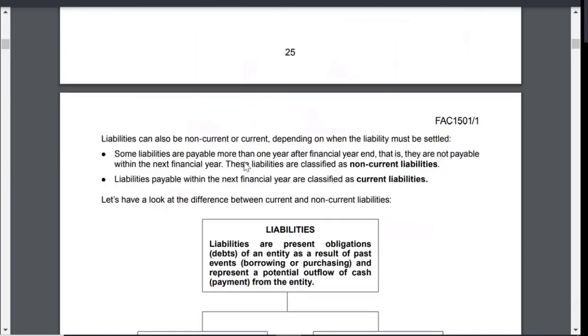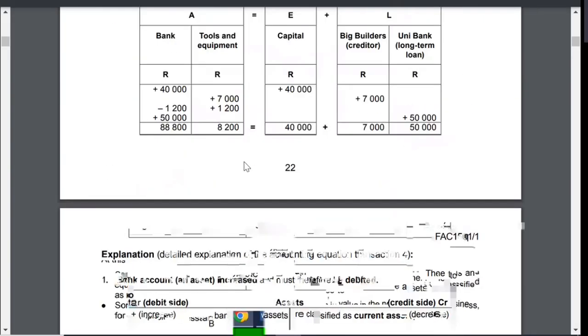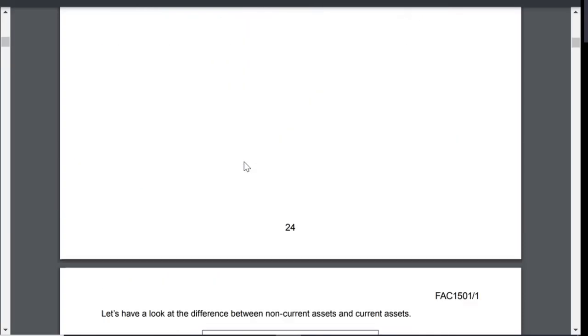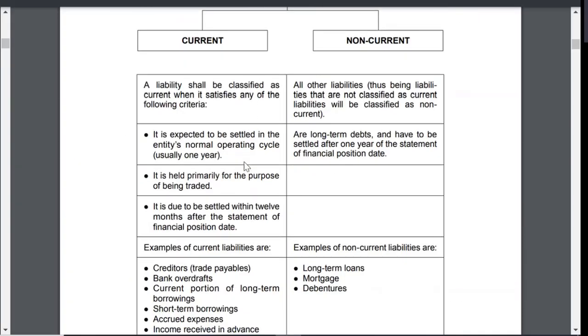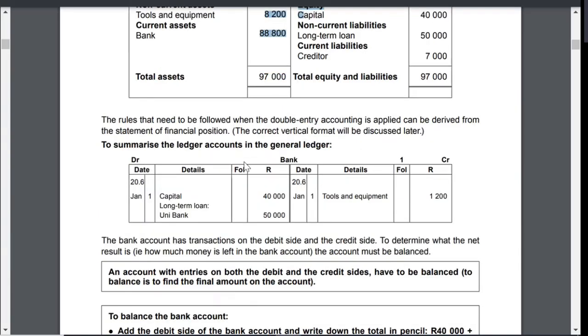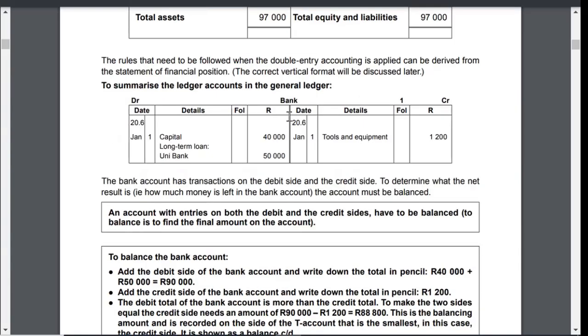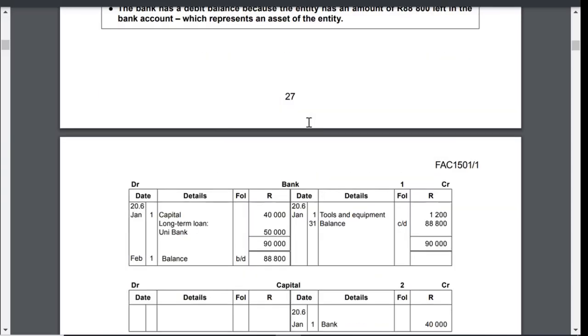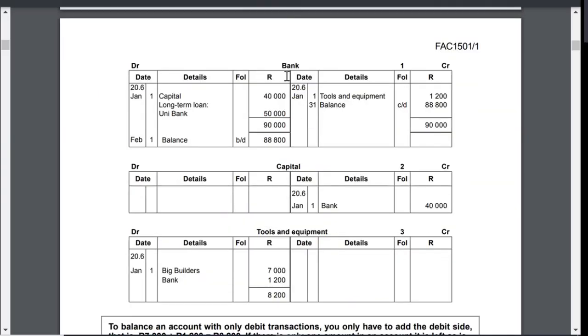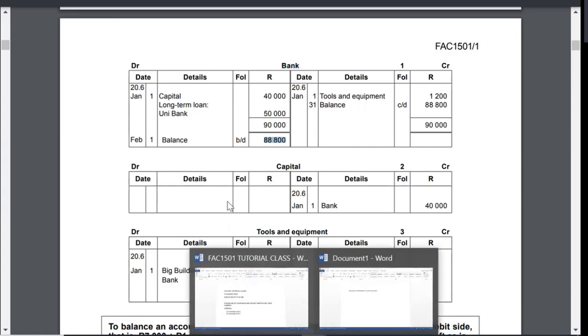So basically, a trial balance will only be generated from using what? From the general ledger. So looking at this general ledger, the bank account. This is the bank account. What is the balance of the bank account? This is the balance of the bank account.